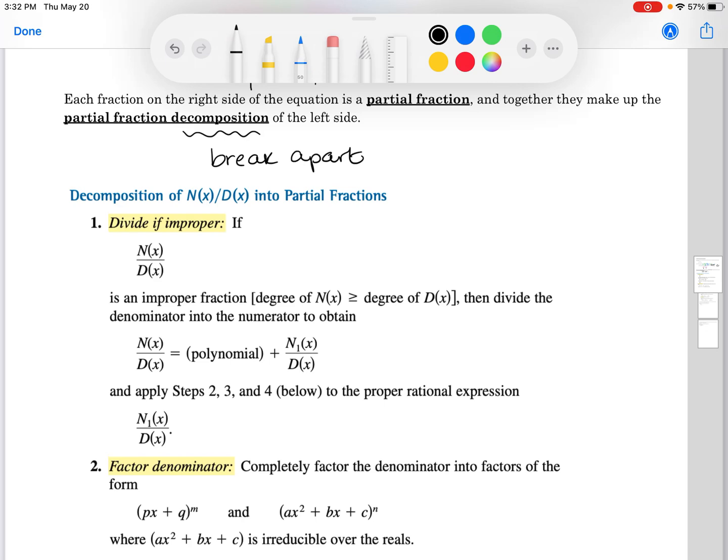So we can divide if it is improper. If the fraction is an improper fraction, meaning that the degree up top is bigger than or equal to the degree below, say I have x squared on top but just x in the bottom, then you're going to divide the denominator into the numerator to get the polynomial plus numerator over denominator here.